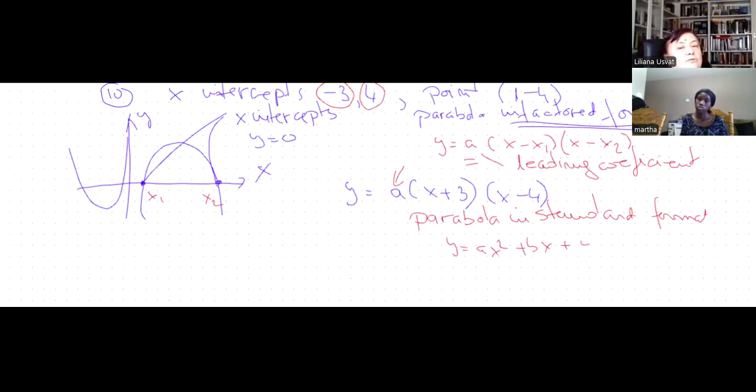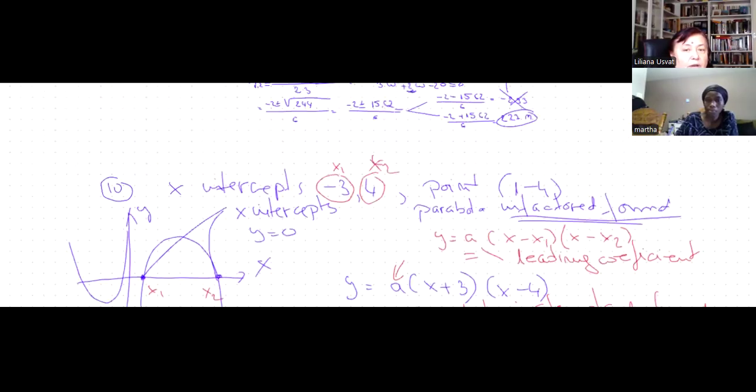Do you understand so far, or any question? What is a? A is a number that we need to find. Plugging in this point, instead of x it's 1 and instead of y it's -4.